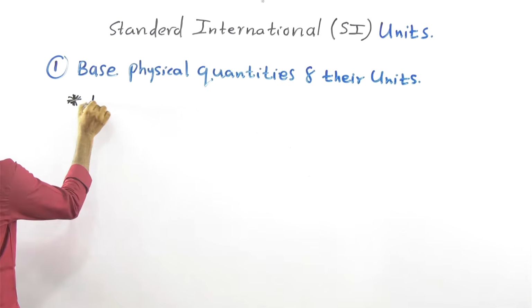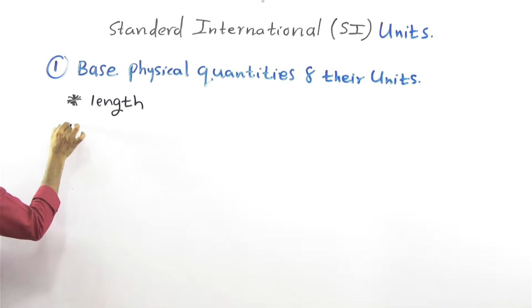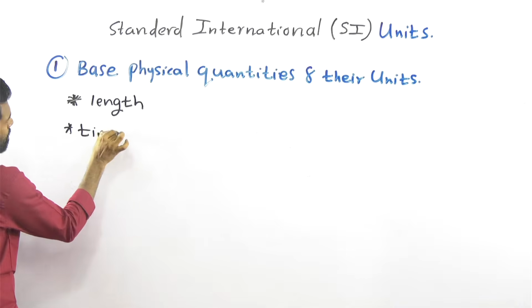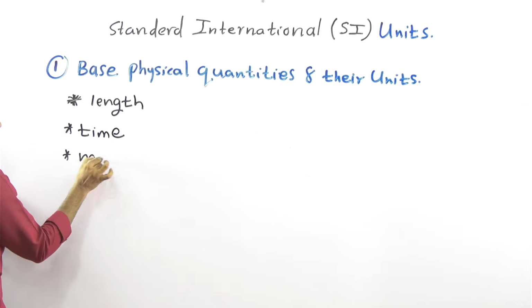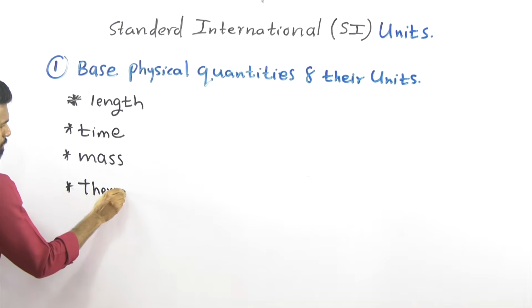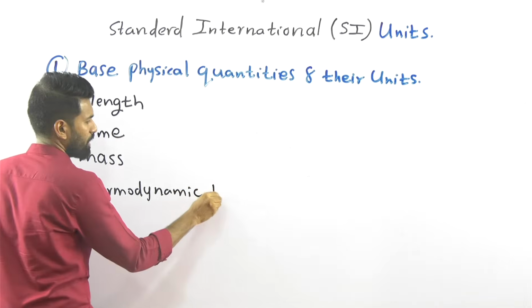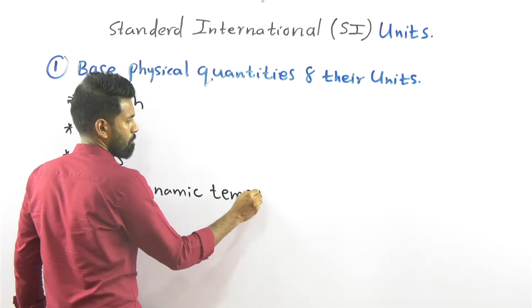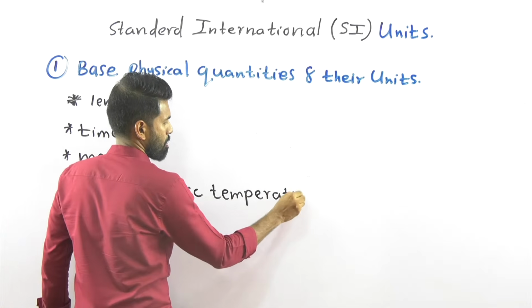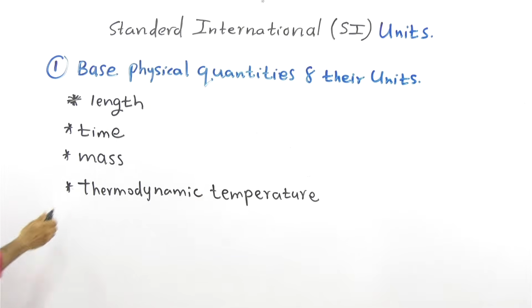Okay. Length. Length is a base physical quantity. Time. Mass. Thermodynamic temperature. Length, time, mass, thermodynamic temperature.